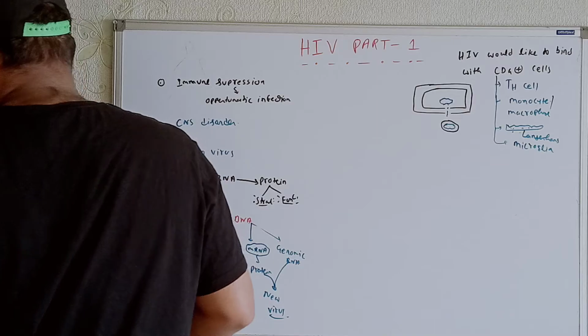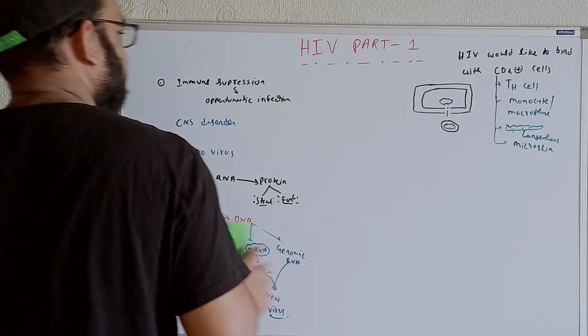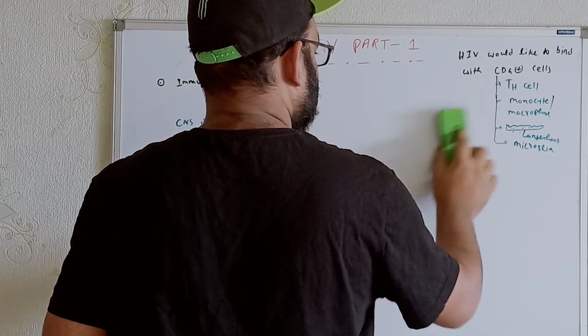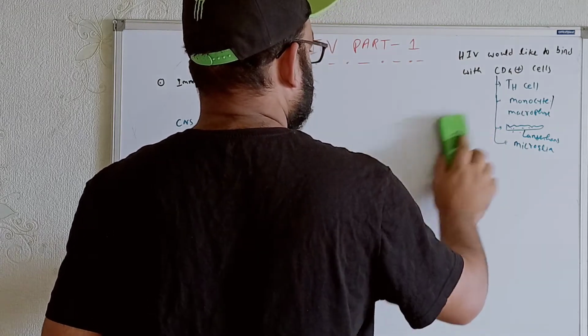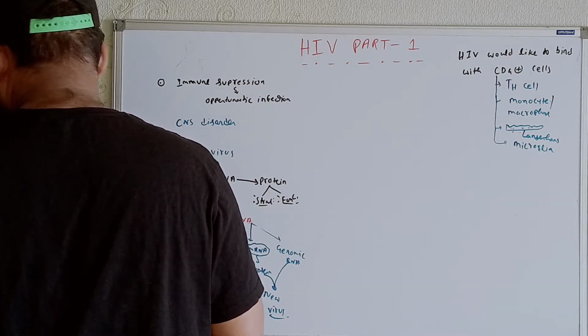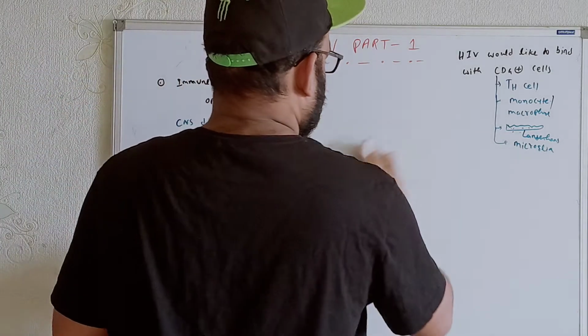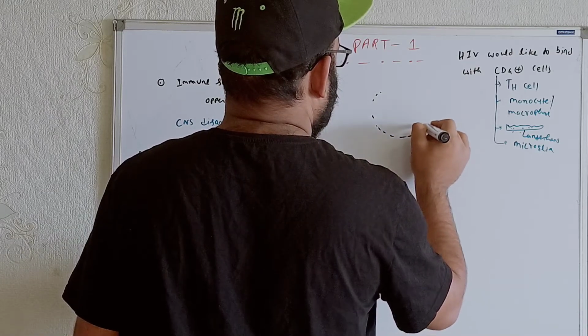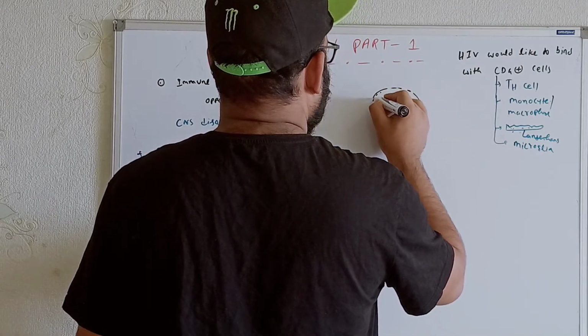Now we will talk about details of the HIV structure. As I said, HIV structures are enveloped because they have the lipid bilayer membrane. So let's talk about all these things right now. For that, I will draw a little bit.